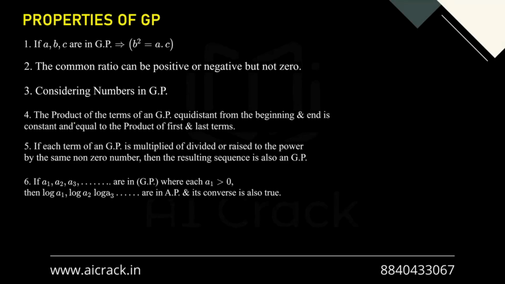Now the fourth point says the product of terms of GP equidistant from the beginning and end is constant and equal to the product of first and last terms. Now if you remember from AP, we had the same property but for the summation part, right? Over here we have it for the product. Okay, so let's say we have seven terms: T1, T2, T3, T4, T5, T6 and T7.